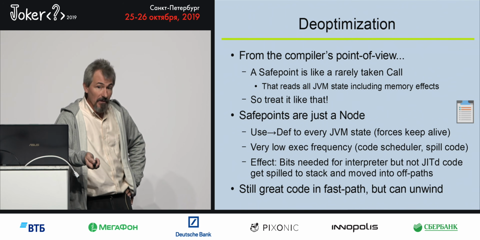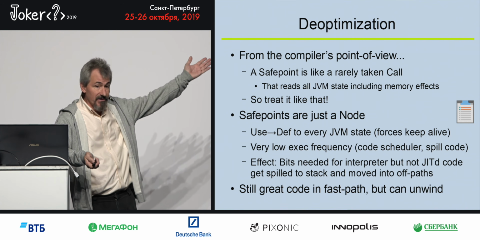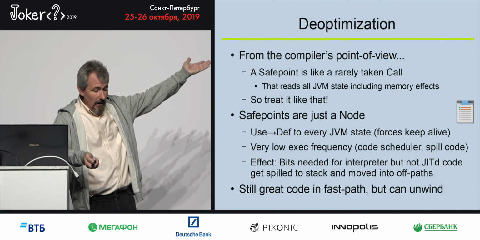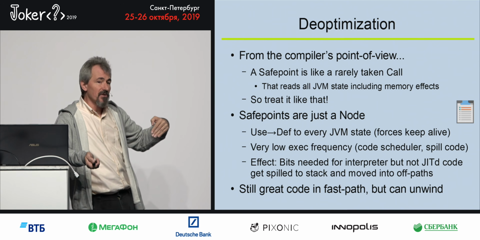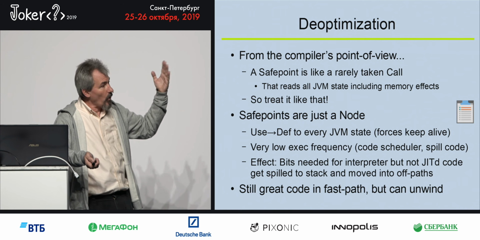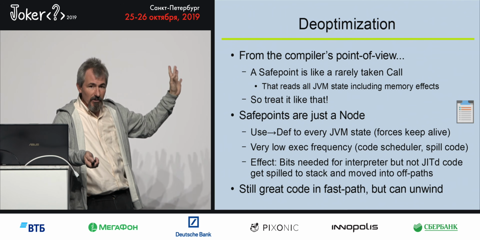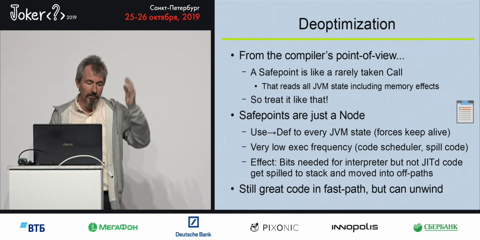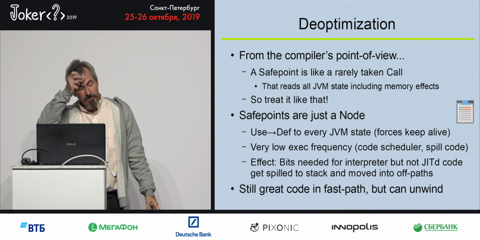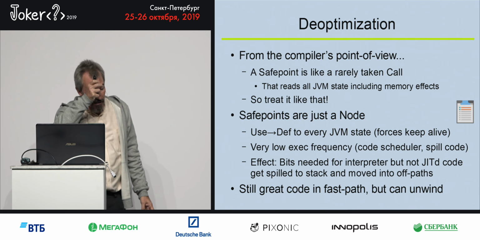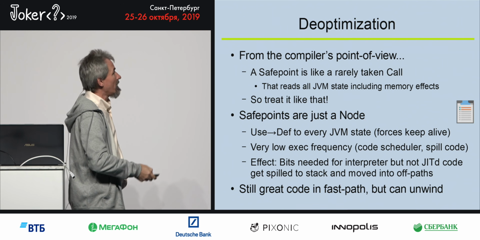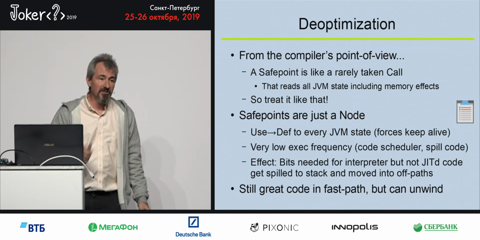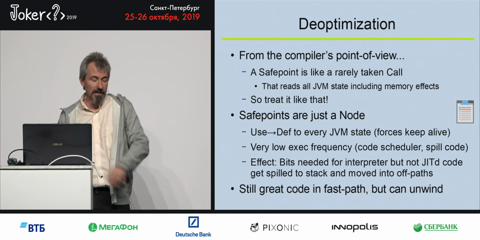So things are kept alive because there are these use-def edges to say I have to have this value, but there's a very low execution frequency branch involved where the code scheduler and the spill code do the right things. They push the spill code down in there, they push the cleanup execution bits down in these off branches. Things that are needed for the interpreter but not the JITted code get spilled to the stack and never looked at again unless you deoptimize.